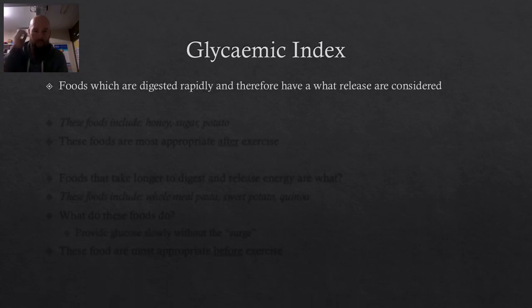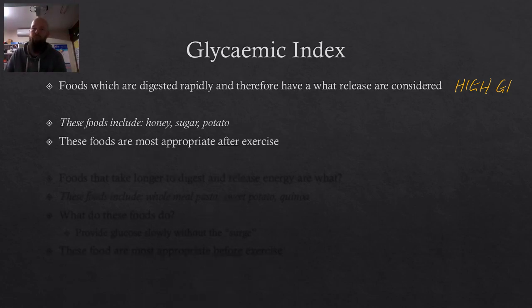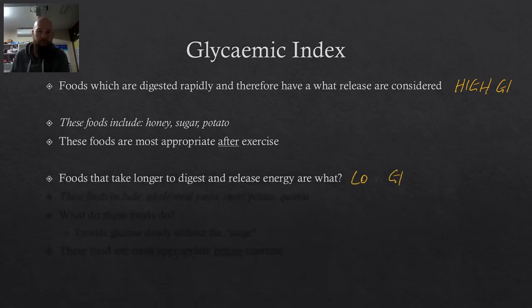Foods that get digested rapidly are considered high GI, and they are things like your honey, your sugars, your potatoes. These are the ones that you would use after exercise, because they give you that quick sugar burst and make you feel normal again. Foods that take longer are considered to be low GI.